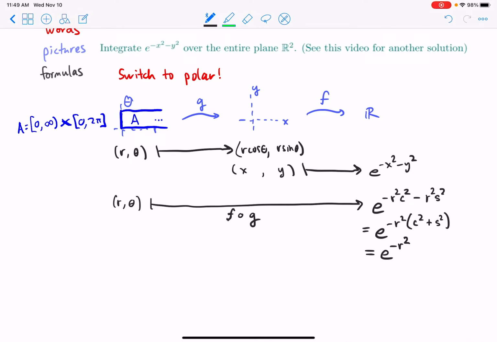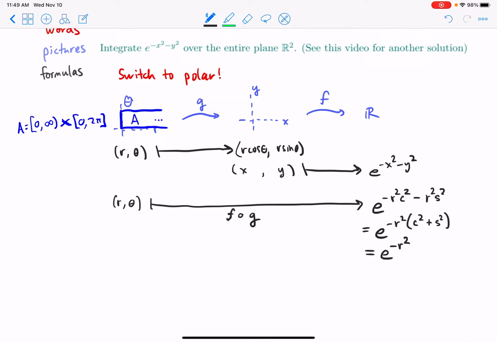Right? And it comes from the derivative, or the columns of the Jacobian of our parameterization map right here. So how do we get this? Let's go to formulas. So remember, this is the square root of the determinant of the Gram matrix of, okay, now how many columns of the Jacobian? Well, there are 2 input variables. So we'll have partial r giving W1 and partial theta giving W2.